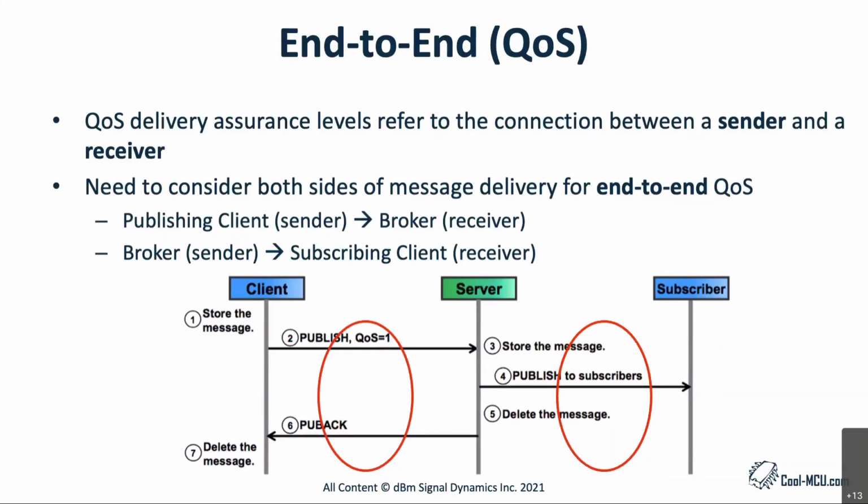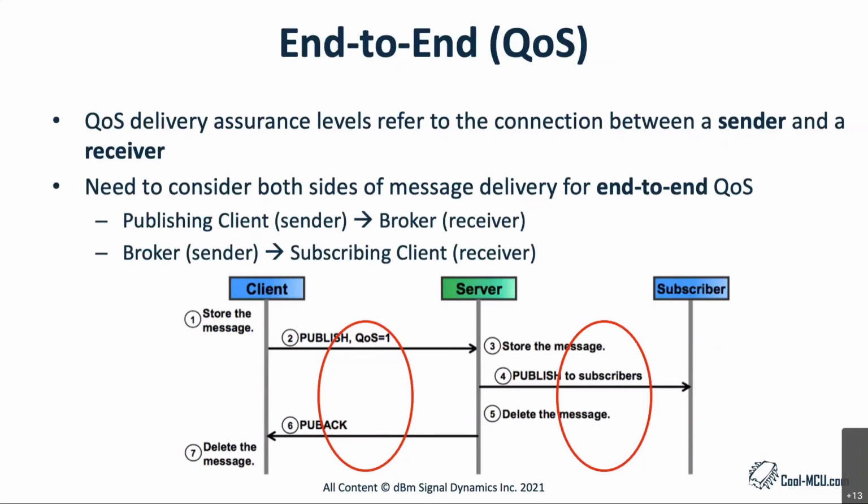The client that publishes the message to the broker defines the QoS level of the message when it sends the message to the broker. The broker transmits this message to the subscribing clients using the QoS level that each subscribing client defined during the subscription process. If the subscribing client defined a lower QoS than the publishing client, the broker transmits the message with the lower quality of service.